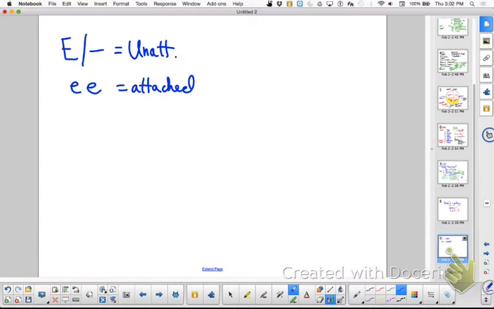Whenever you read, write it into some sort of genotype. It says, what genotype do children have if one parent is homozygous recessive for earlobes and homozygous dominant for hairline? How would I write that? Little e, little e for earlobes. Hairline, what they're referring to is big W anything is widow's peak.